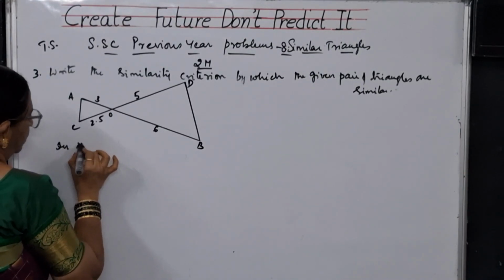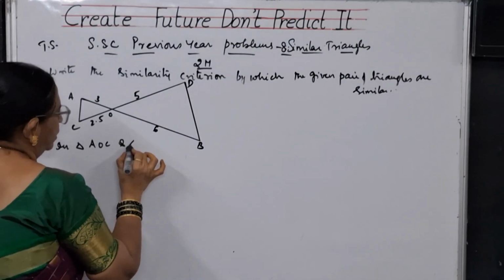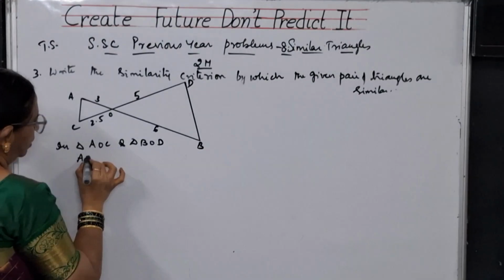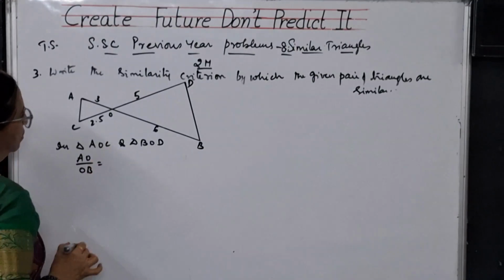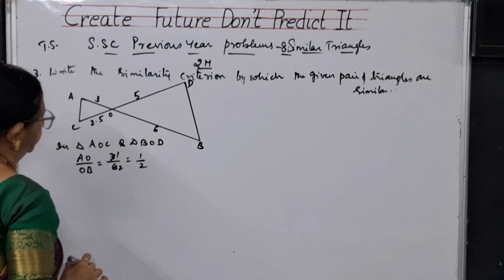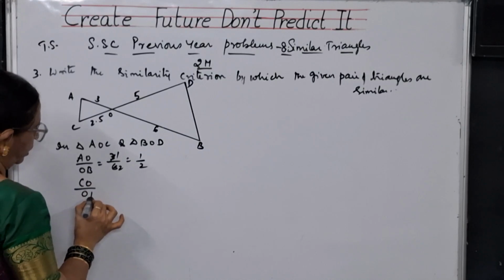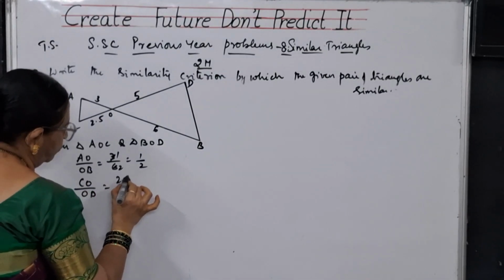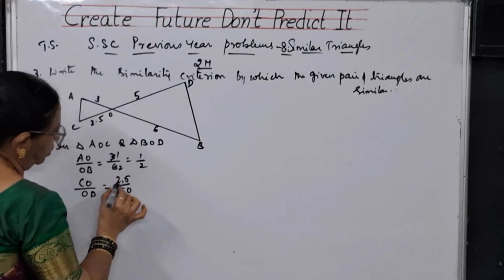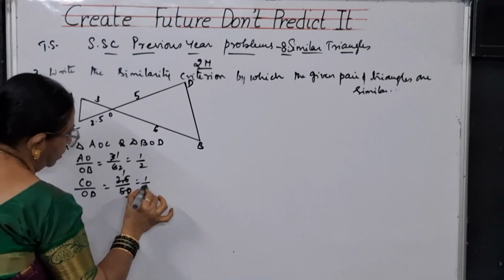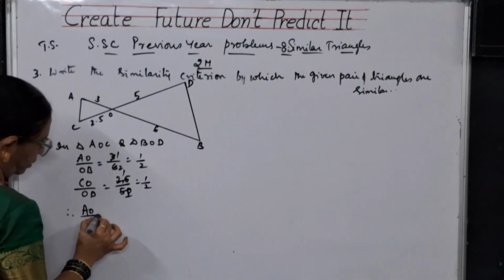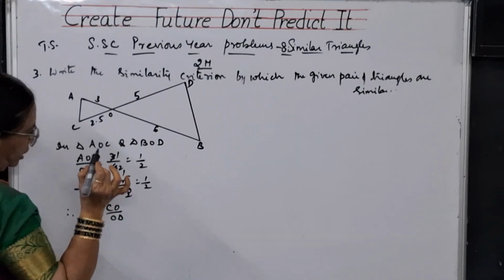So, in triangle AOC and triangle BOD, in these two triangles, AO by OB is equal to 3 by 6, that is 1 by 2. CO by OD is equal to 2.5 by 5. Means to remove this point, keep a 0, the point will be gone. 25 ones are 25, twos are 1 by 2. That means AO by OB is equal to CO by OD.